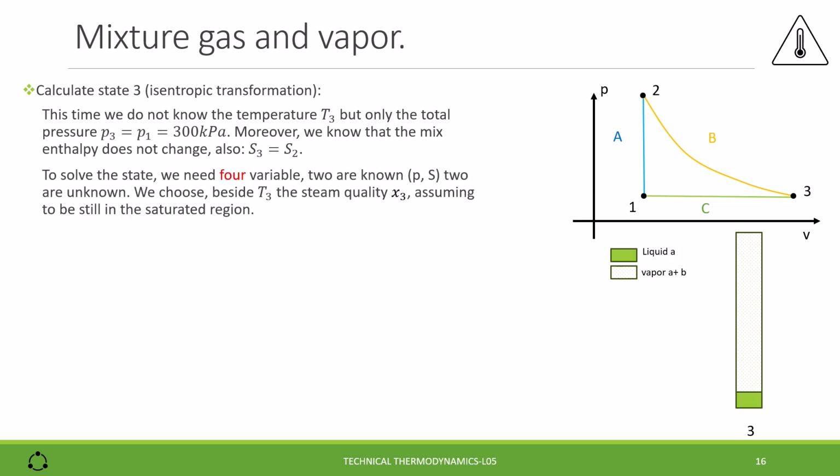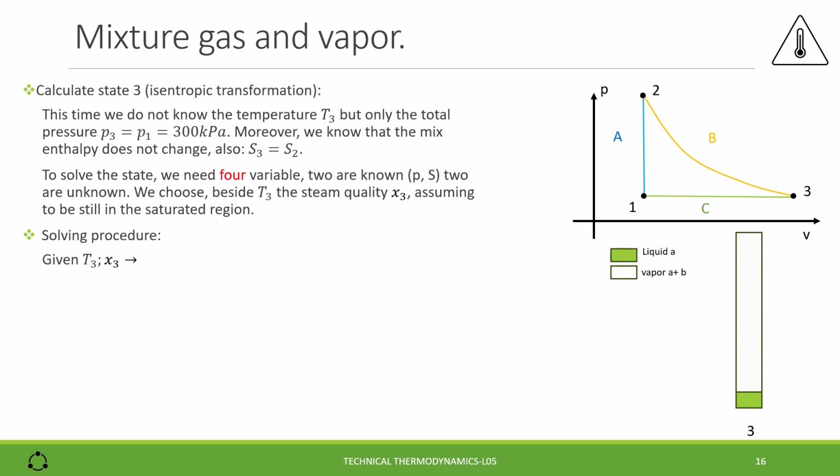To solve the state, we need 4 variables. 2 are known, pressure and entropy. 2 are unknown. We choose, beside T3, the steam quality X3, assuming to be still in the saturated region.